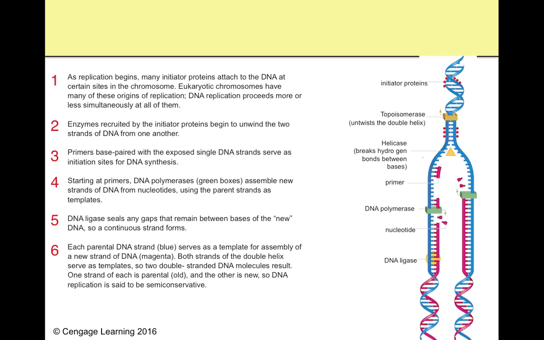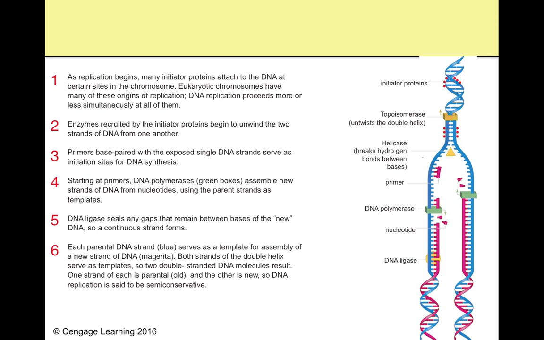So here's what this would look like. Here's the DNA. We want to replicate it. So topoisomerase jumps on here, untwists that double helix. Helicase gets in here, breaks these hydrogen bonds, and we now have the parent strand, the parent strand. Cool? So that's the beginning.